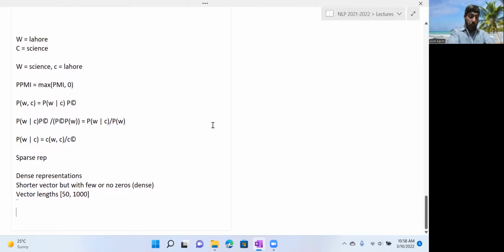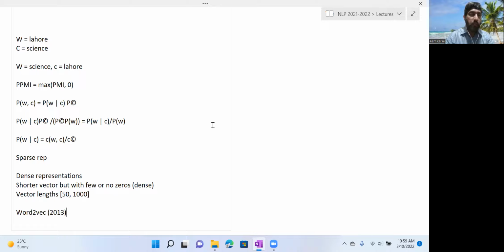Now let's talk about a popular technique for generating dense representations, which is actually different from the ones that we saw already. This technique, I would say, revolutionized NLP in the last 10 years. Word2Vec, which was proposed way back in 2013.